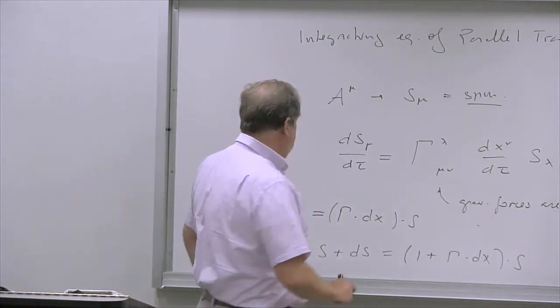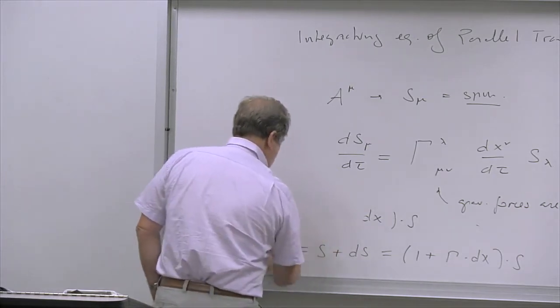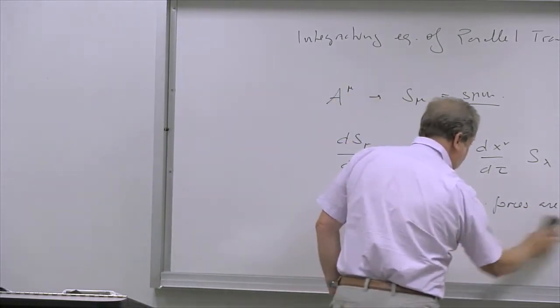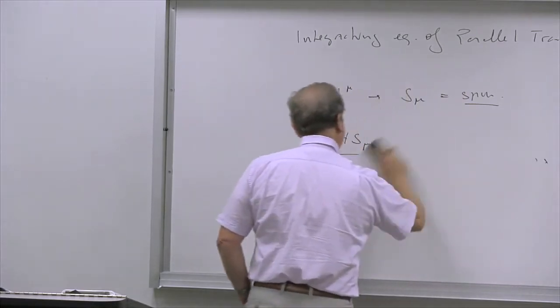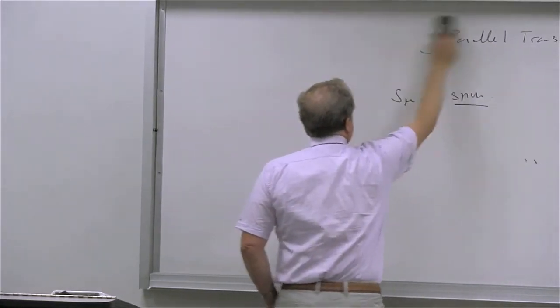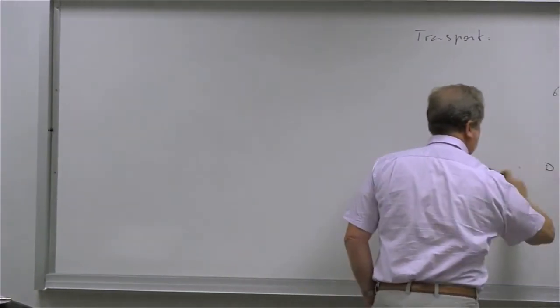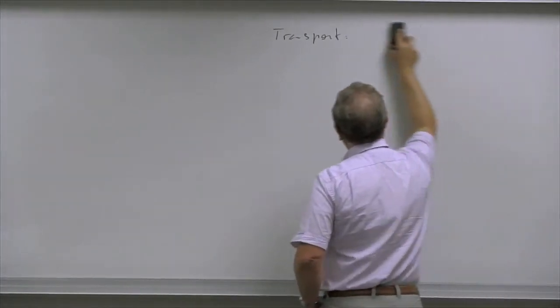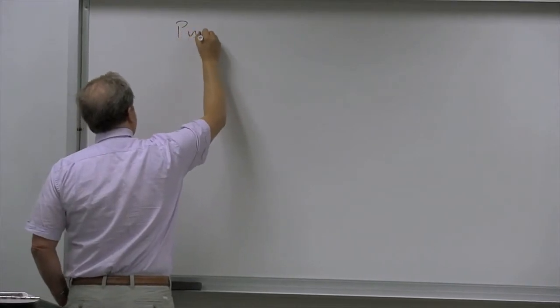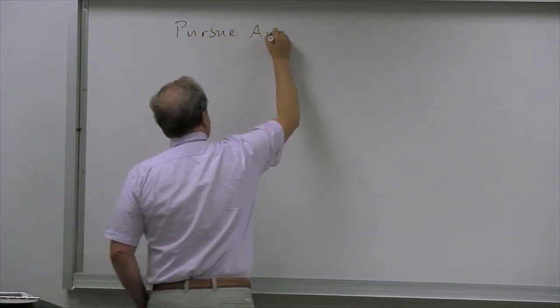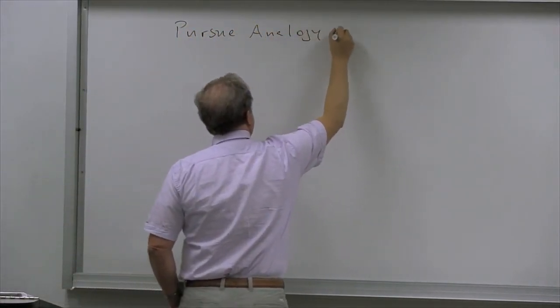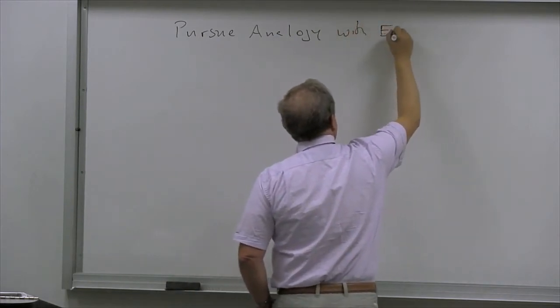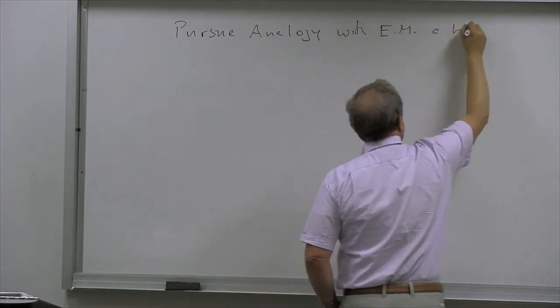So let me spend a little bit of time discussing where we are at this point, and in particular the analogy with electromagnetism. So, pursue the analogy with electromagnetism a bit more.